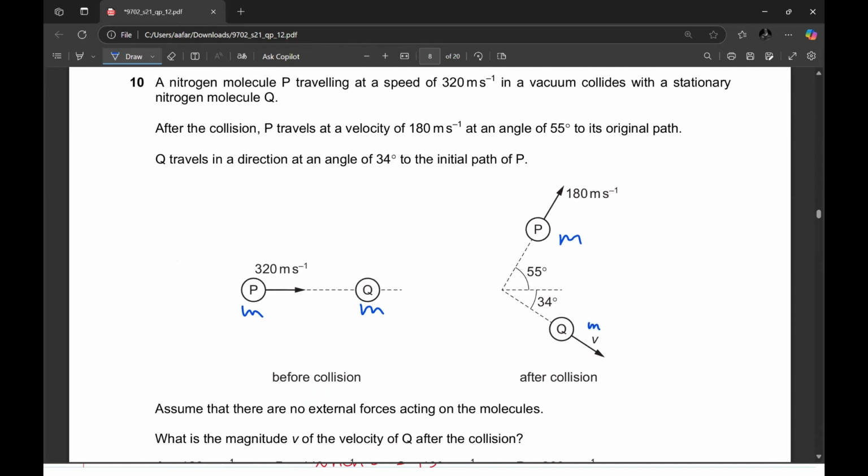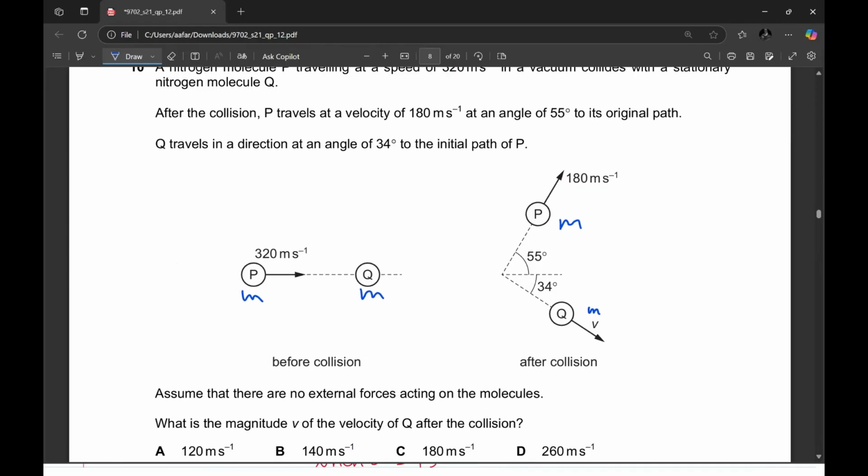So the vertical momentum is zero, right? So we know that 180 m sine 55 will be equal to Vm sine 34, since they'll cancel out each other, since the initial vertical momentum was zero. So the final vertical momentum should also be zero.